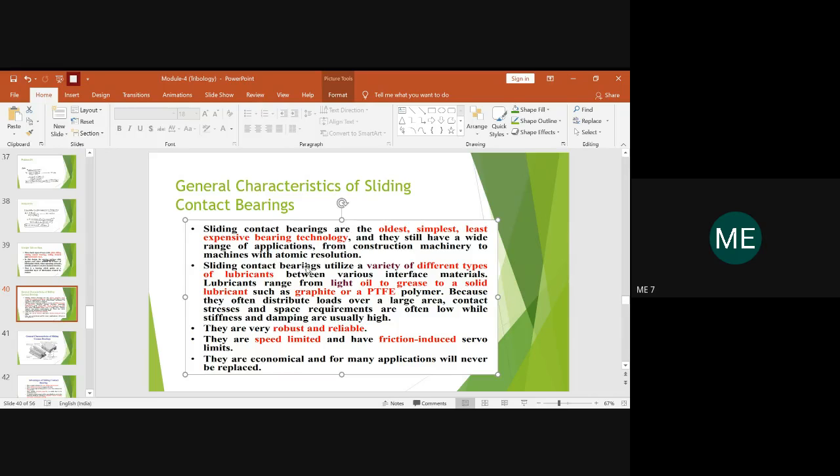This sliding contact bearing usually makes use of different types of lubricants, and these lubricants will interface with the material. We won't know exactly what material the sliding contact bearing is made of. When you use a lubricant, this lubricant layer will interface across the contact surfaces, right?